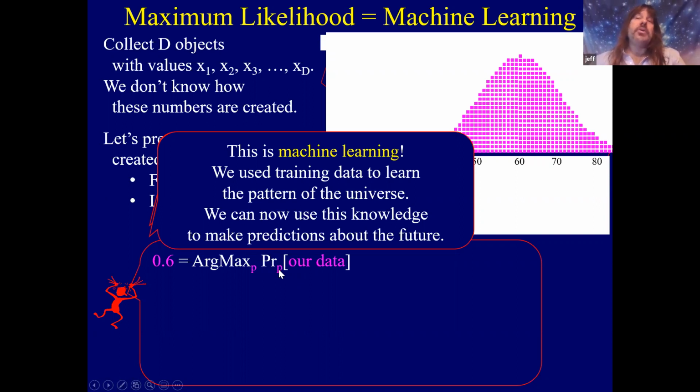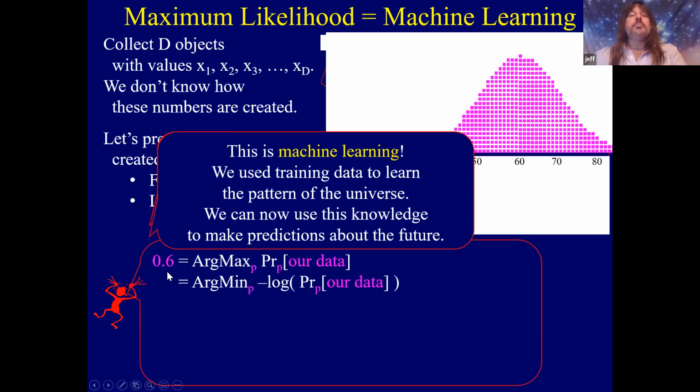To make it a little bit more concrete, remember this is a probability distribution with some parameter p, which is the probability of the coins being heads. When you have different p's, you get different probability distributions. For a particular p, we can ask the probability we get our data, and what we're trying to do is find the p that maximizes this. It turns out these two equations are the same.